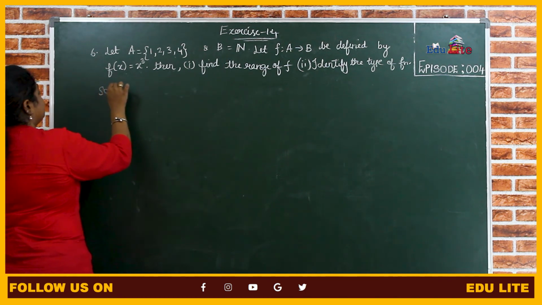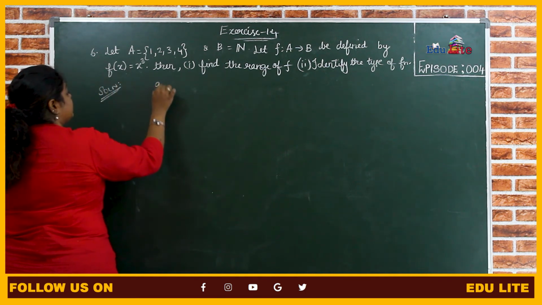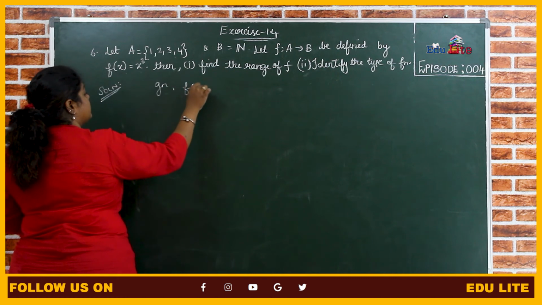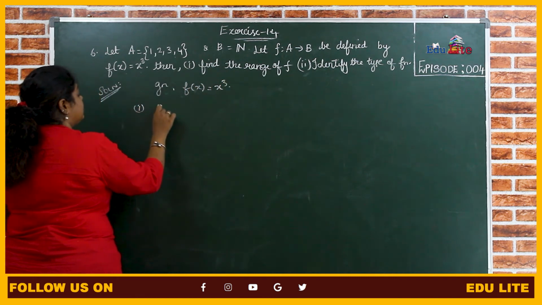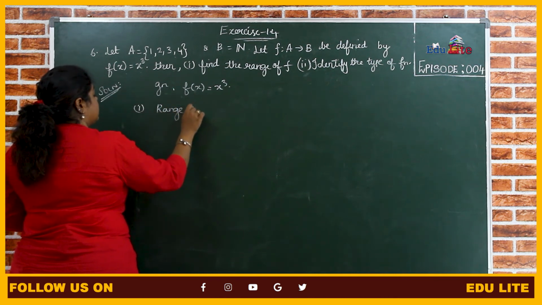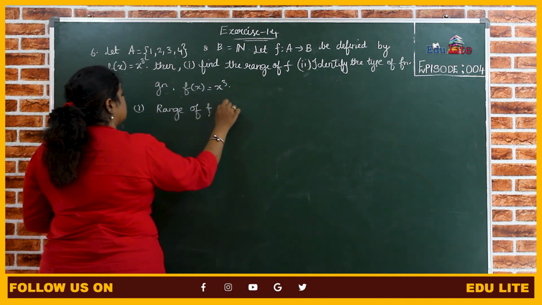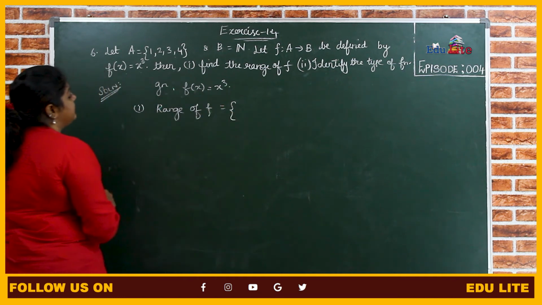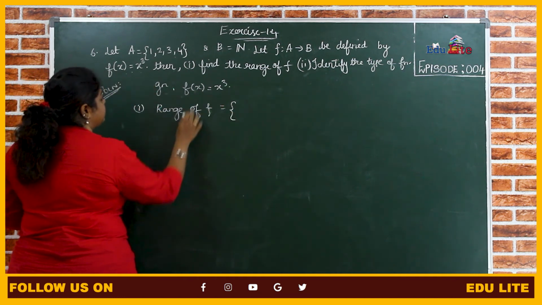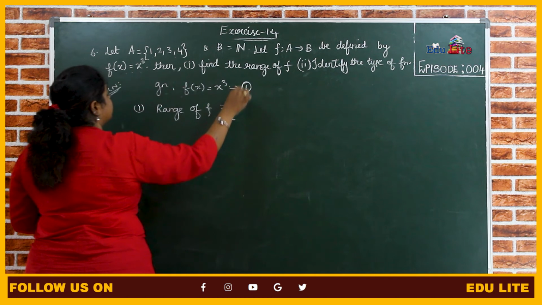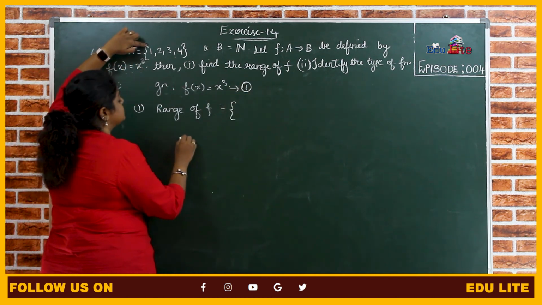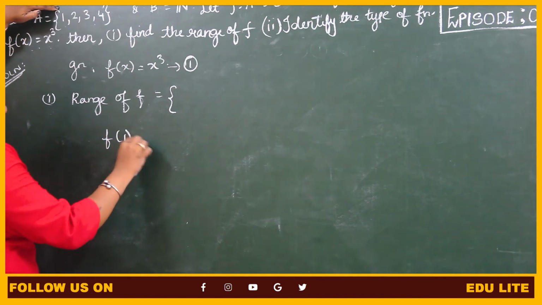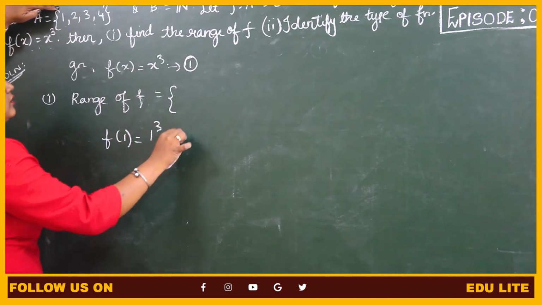So first, we are given f of x is equal to x cube. Now first we have to find the range of f. We will consider this as 1. We will vary the values of x as given. So first the value of x is 1. If I substitute, 1 cube is 1.